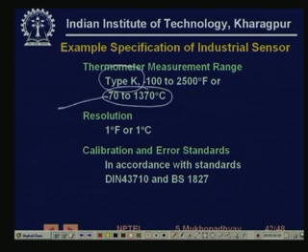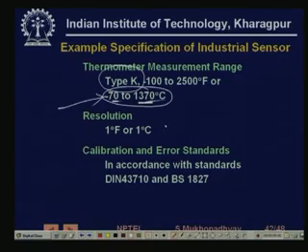This is the minimum and the maximum values in which this thermometer can be used with these given specifications. If you use it within this range, then you will get a resolution of 1 degree Fahrenheit or 1 degree centigrade, etc. Whatever specifications are given are valid within this range. In this case range is 1370 and span is 1440.